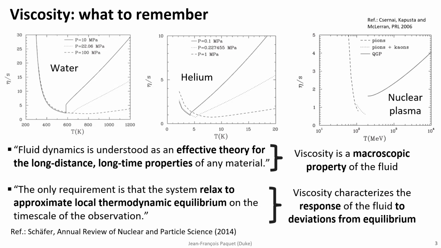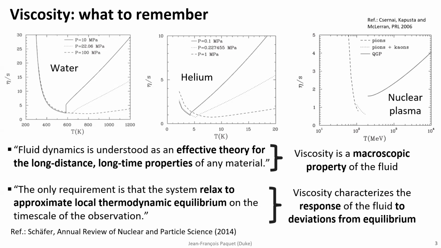The viscosity, you can think of it as characterizing how the fluid responds to deviation from equilibrium. So fluid dynamics in general assumes that your medium is locally close to thermal equilibrium. And viscosity will characterize how the fluid responds to deviation from equilibrium.